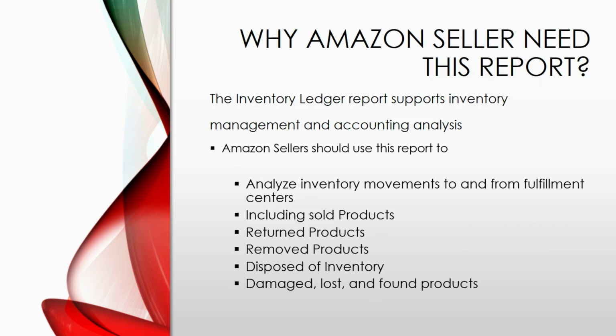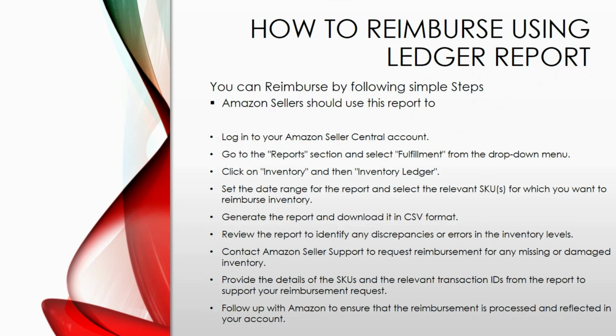As for how you can get reimbursed using the ledger report, you can do it by following simple steps. We will do this practically in the next part of this video. These are basically the same steps we followed before for reimbursement of lost, damaged, or returned inventory from Amazon. We go to Seller Central, into reports, into fulfillment, and from fulfillment we select reconciliation or inventory adjustment reports.